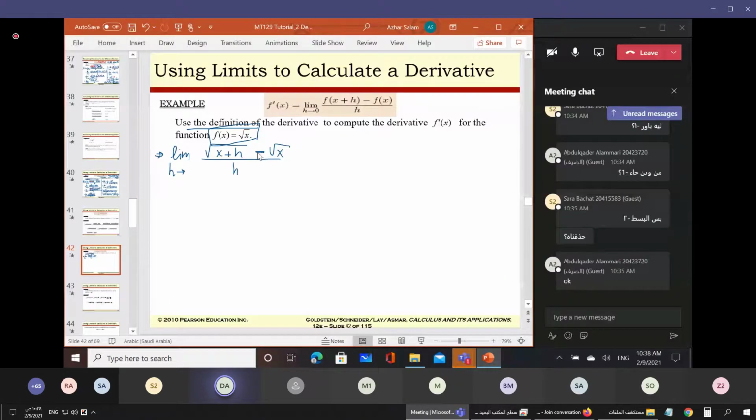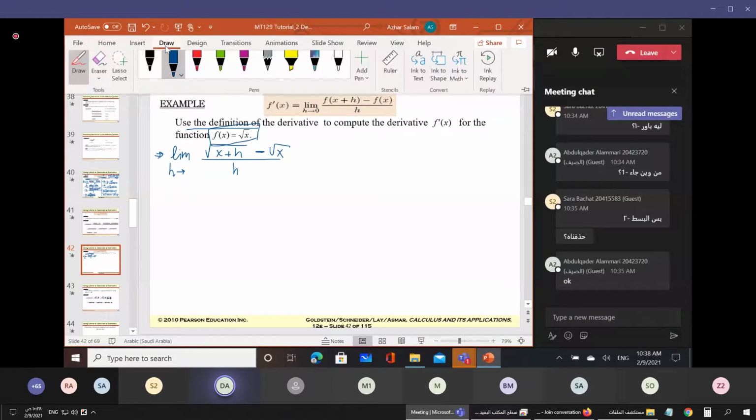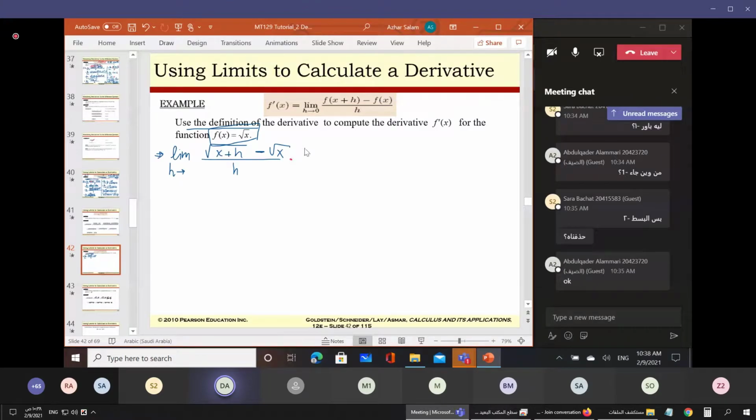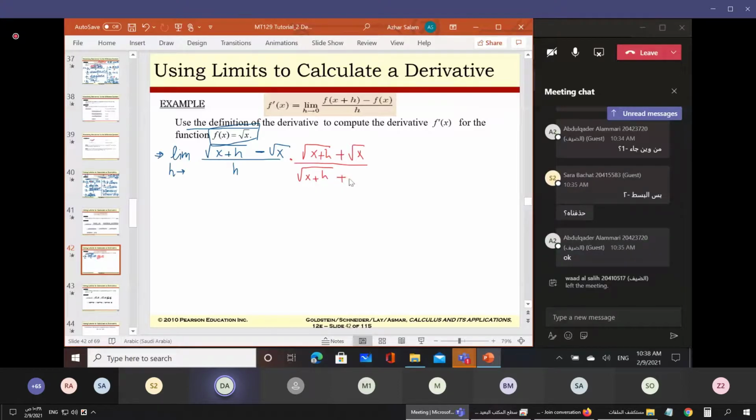Since I here have a negative sign, I will multiply by this value in the top and the bottom, but with the different sign, like this. I will multiply the top by the square root of x plus h plus square root of x, divided by the same value, square root of x plus h plus square root of x.